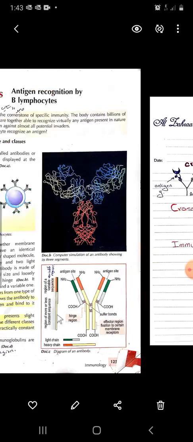When I say immune complex, it means a molecular aggregate formed by the binding of the antibody to several antigens. So the antibody binds several antigens.